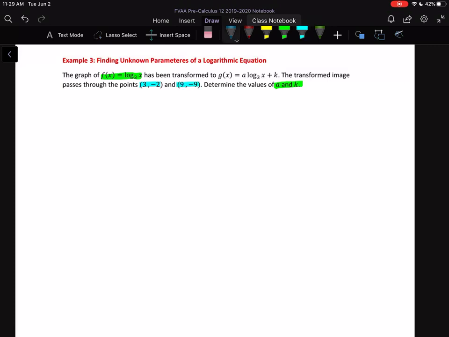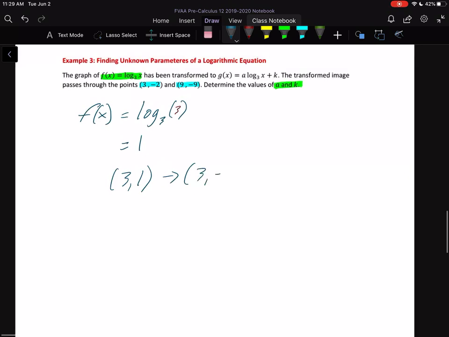So if I say f of x is equal to log base 3, and I want to know, what does log base 3 of an input of 3 normally give me? Okay, and this would give me an output of 1, right? So the original point was (3, 1), but the transformed point became (3, -2). Okay, so we get an idea of the transformation here.